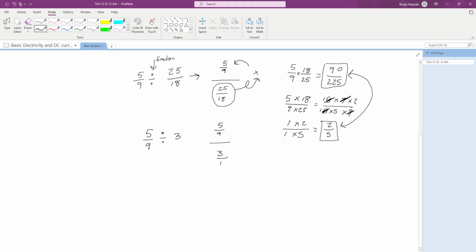Applying the same concept, the 3 over 1 is going to invert, and we multiply it times my numerator. So 5/9 multiplies times 1 over 3, and I end up with 5 times 1 over 9 times 3, which equals 5 over 18.